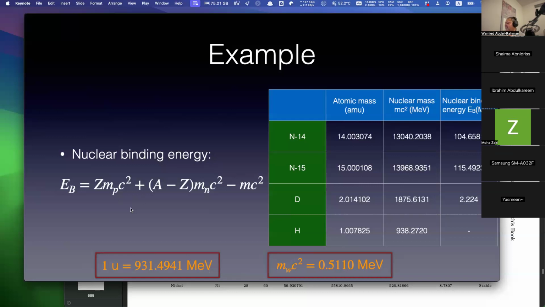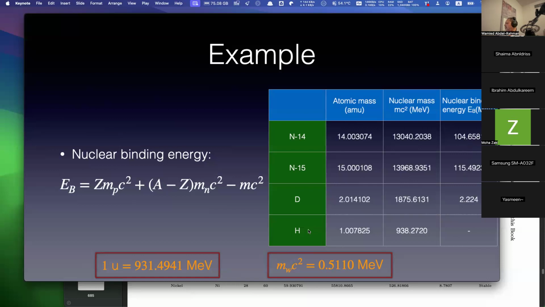So using that simple definition, we can then calculate the binding energy: the mass of protons, so this is the number of protons, A minus Z is the number of neutrons, and the mass of neutrons, minus the mass of the nucleus. From this data, we've calculated here the nuclear binding energies for nitrogen-14, nitrogen-15, deuterium, and then hydrogen.